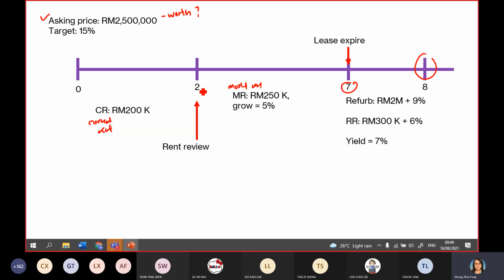Okay, so at year 2, the owner will carry out a rent review. Which means that from year 0 until 2, they are going to collect 200,000. But from year 2 onward, the owner will start to conduct the rent review to increase the rental to the market rent of 250,000.